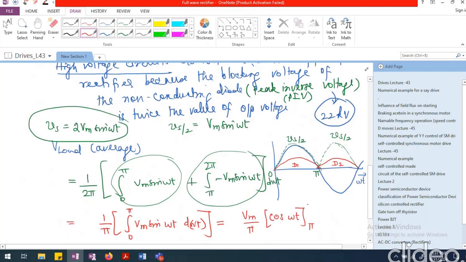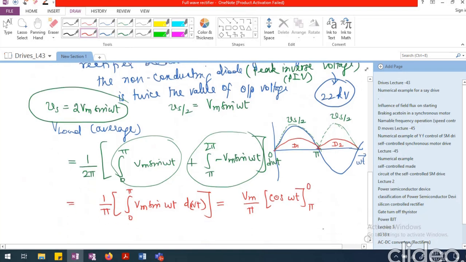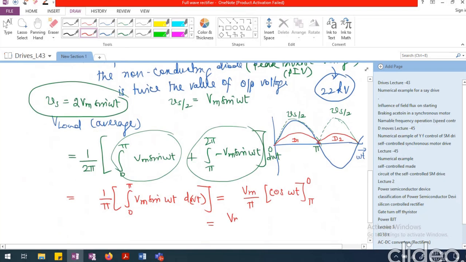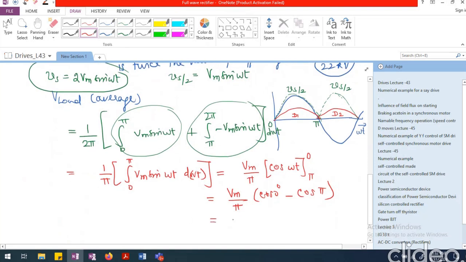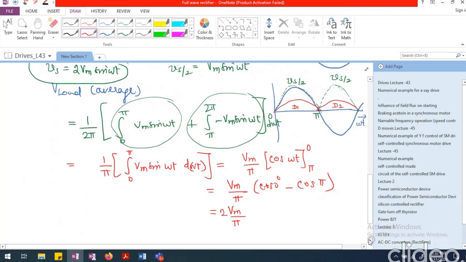So this will be pi and 0, the other way around. So this is going to be Vm divided by pi, cos 0 minus cos pi. And cos pi is minus 1 and cos 0 is 1. So this is going to be Vm divided by pi, 1 minus minus 1. So it is going to be 2. So 2 Vm by pi will be the average load voltage.